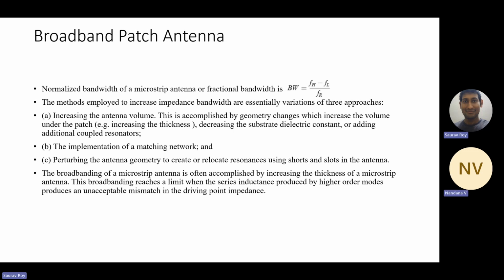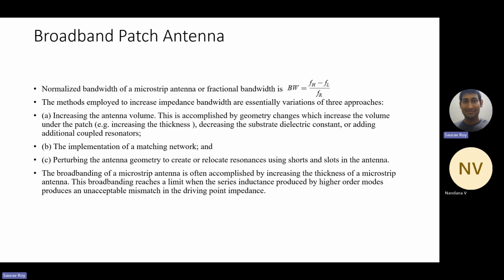Also, decreasing the substrate dielectric constant is another way. Air is one, and dielectrics of 10 and 12 are something like alumina. Dielectrics in this range are available. Generally, if you use Duroid or FR4, they are around 2 to 4. The lower you go in dielectric constant, the more the bandwidth.